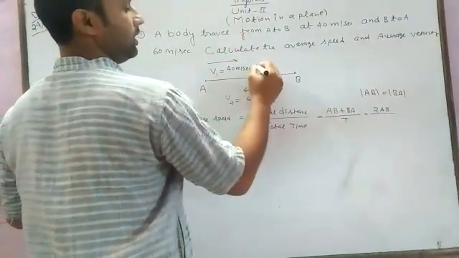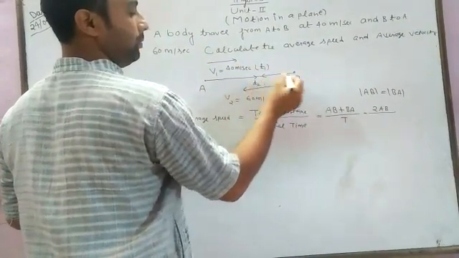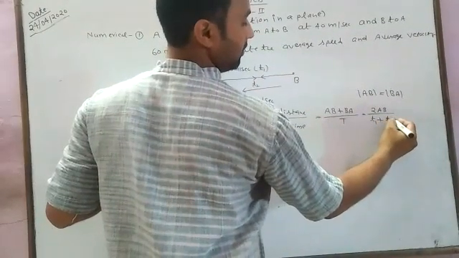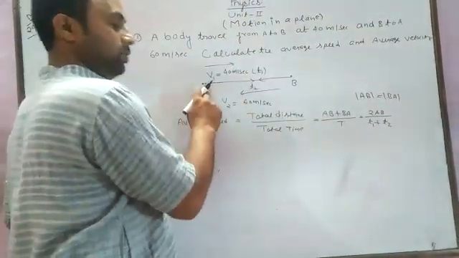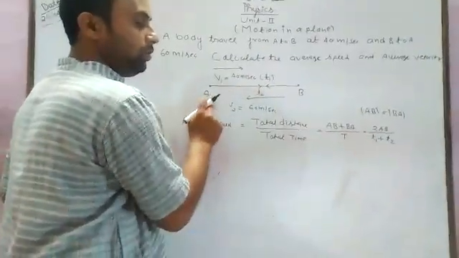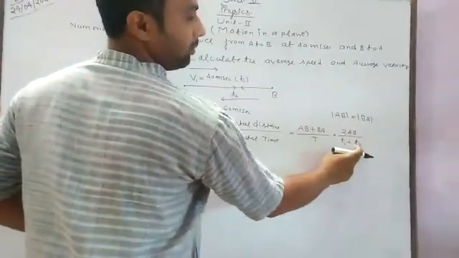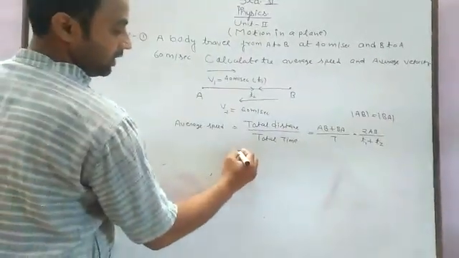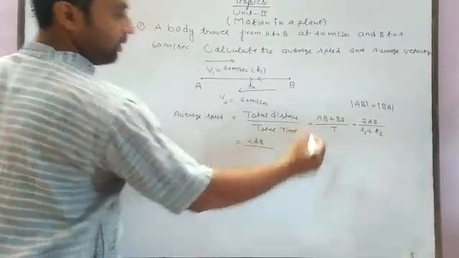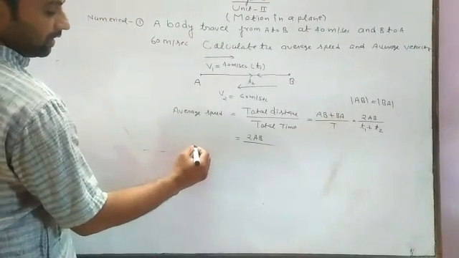Here we consider the time taken from A to B is T1 and from B to A is T2. The total time will be T1 plus T2. Total time T1 plus T2 is equal to 2AB upon... what is the value of T1? Distance is equal to speed into time.